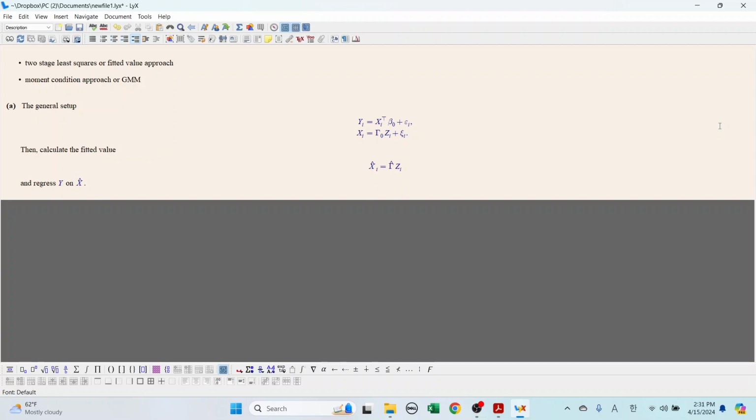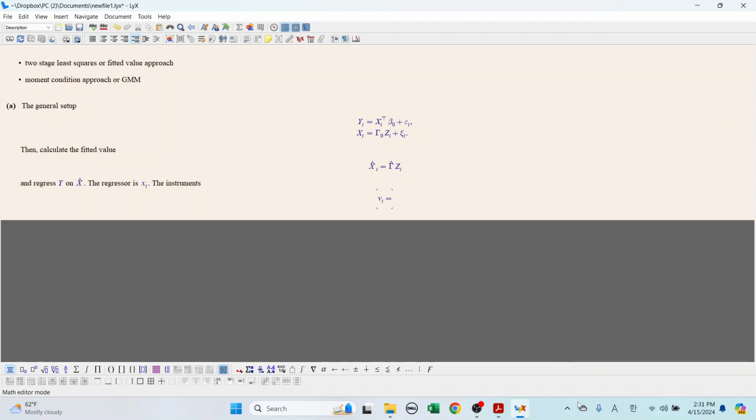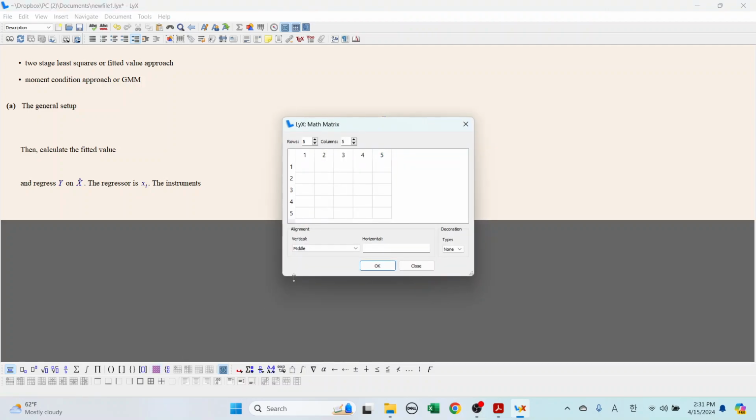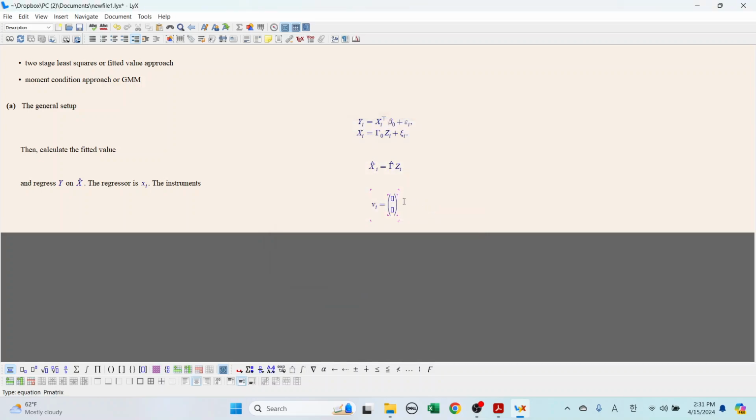In our case, in the homework, the regressor is simply the scalar x_i, and the instruments are v_i, which is the vector of x_i and z_i. I will use this notation throughout this question. By the way, to enter a vector or matrix, you click this and choose 2 rows, 1 column, and then you have the 2 by 1 vector notation.